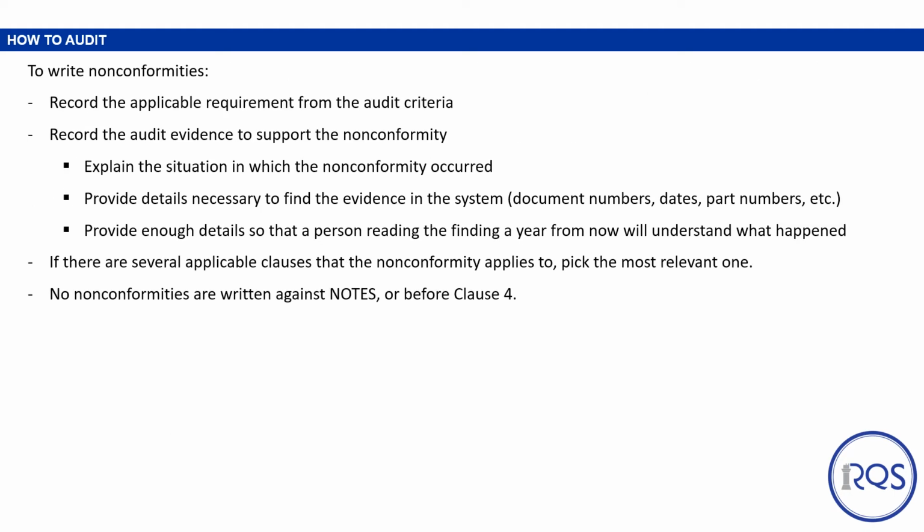If nonconformities are found, there is a general way to write them. This includes recording the applicable requirement from the audit criteria and also recording the audit evidence to support the nonconformity.